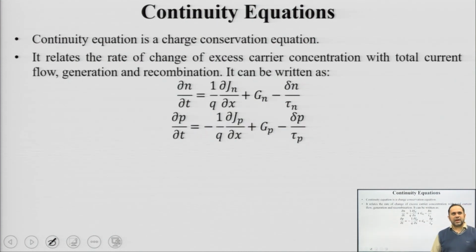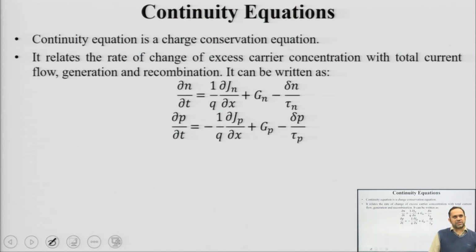Lastly, we have the continuity equation, which is nothing but the equation of charge conservation. The amount of charge which enters any cross section of a semiconductor, the rate at which this concentration changes. Whenever you apply an external source like light, heat or electric field, you produce excess charge carriers. These excess charge carriers tend to increase the minority carrier concentration in any semiconductor.